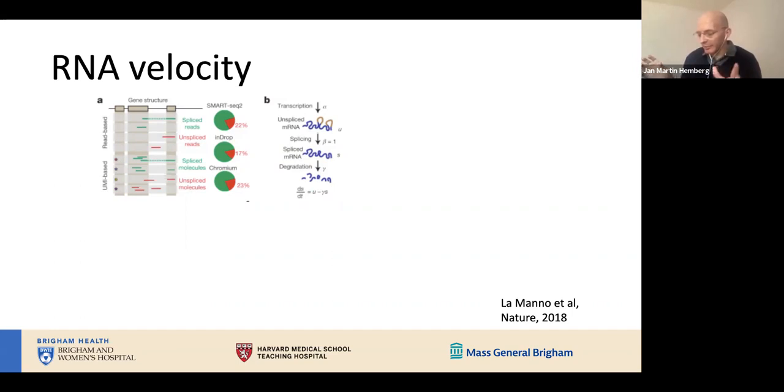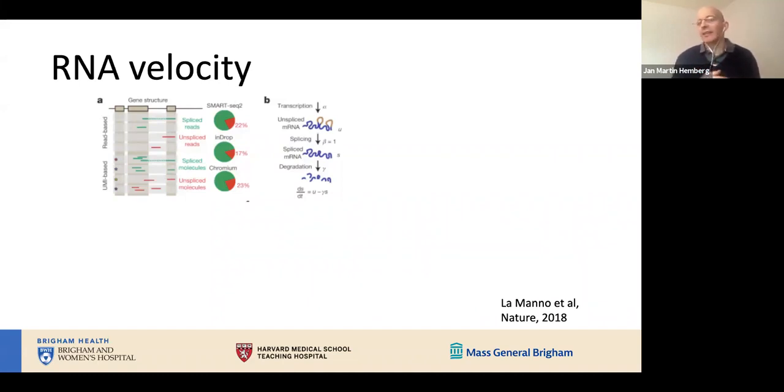If you want to understand how the cells are moving or transitioning in that space, it gets much more complicated. But fortunately, there's a very clever method called RNA velocity, which effectively allows you to understand the direction of each of the cells in this cell state space.